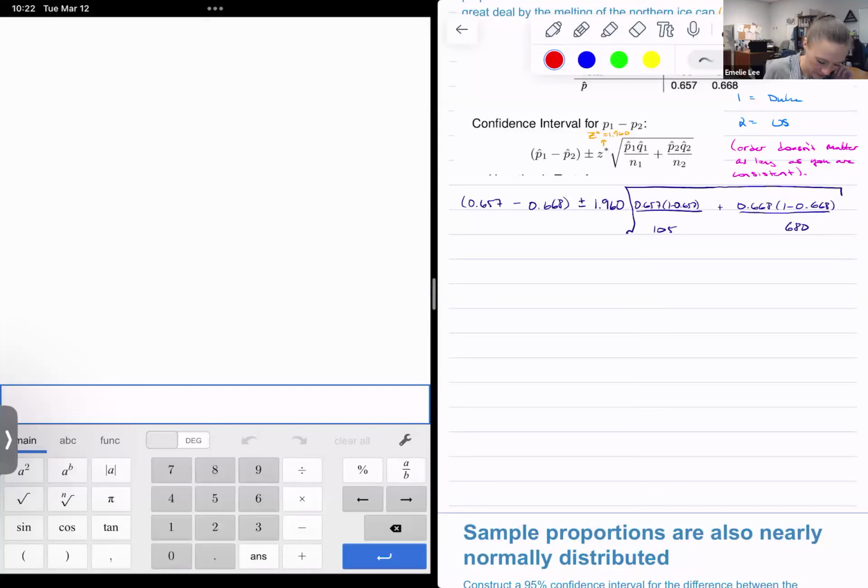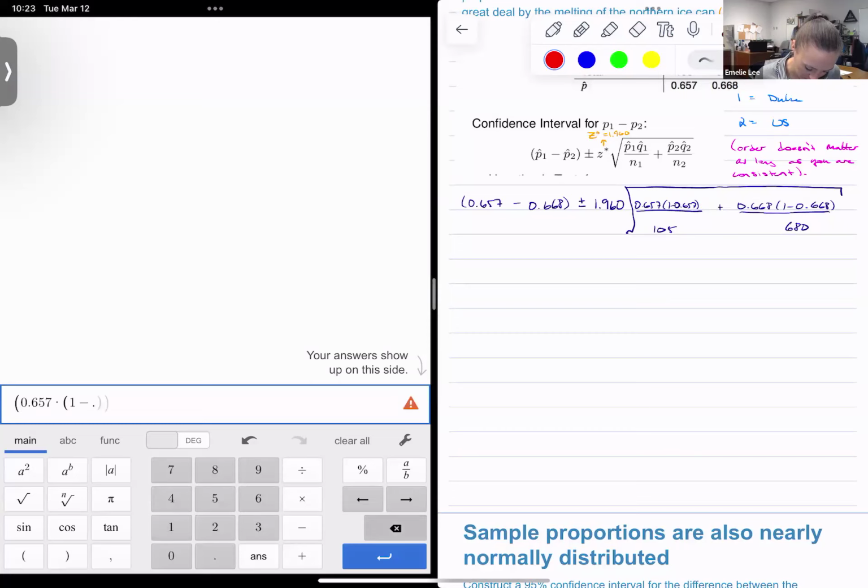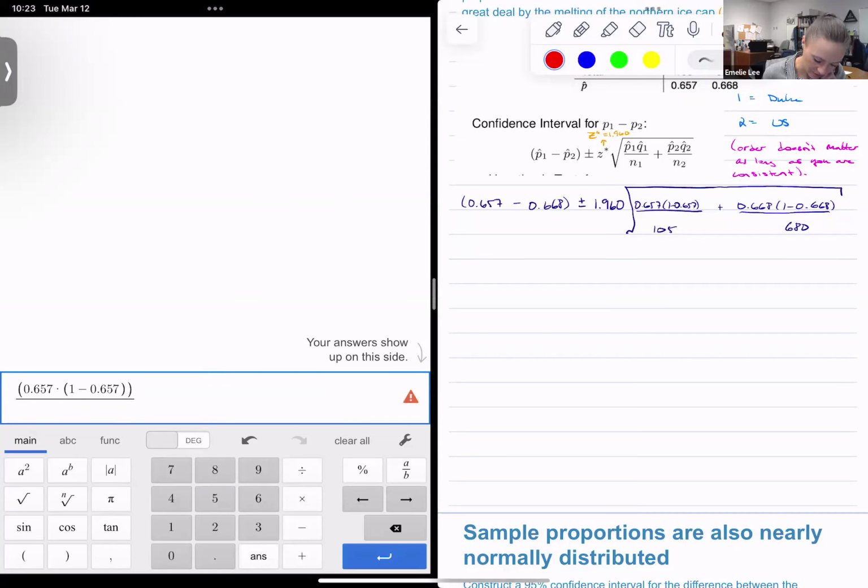Okay, so where I'm going to start is 0.657 times 1 minus 0.657 divided by 105. And I'm going to wrap these up in brackets: 0.657 times bracket 1 minus 0.657 end bracket, and divided by 105.